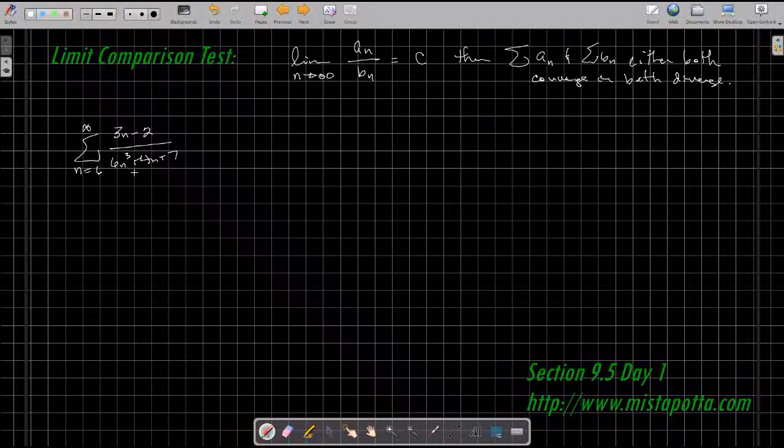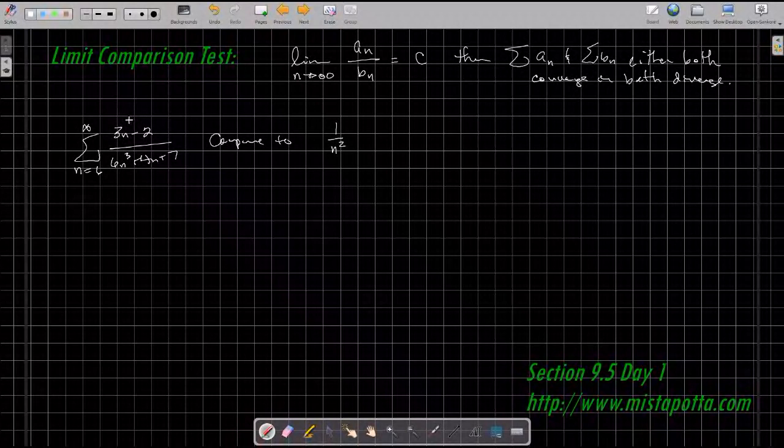But what I can do is, let's compare that to 1 over n squared. And of course, I got this by looking at the difference in degrees.